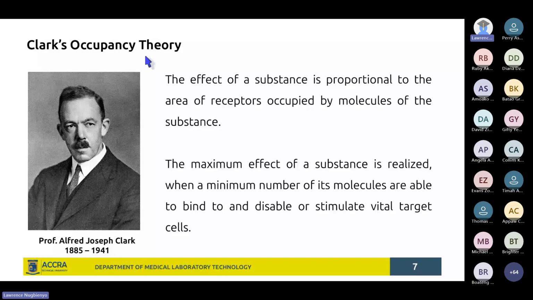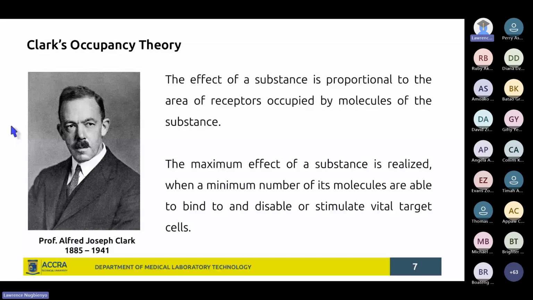It's a major theory upon which we study and understand how receptors interact with substances. What it says is that the effect of any substance is proportional to the area of the receptors that are occupied by the molecules of the substance.